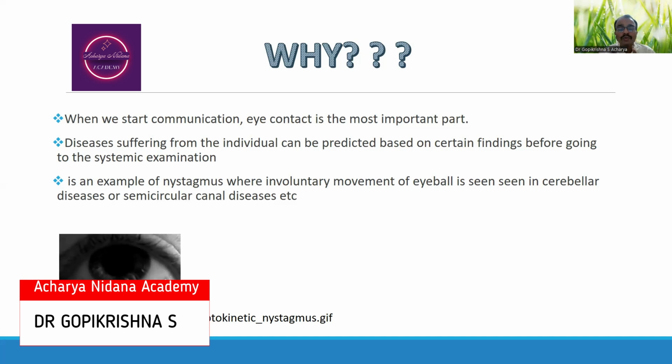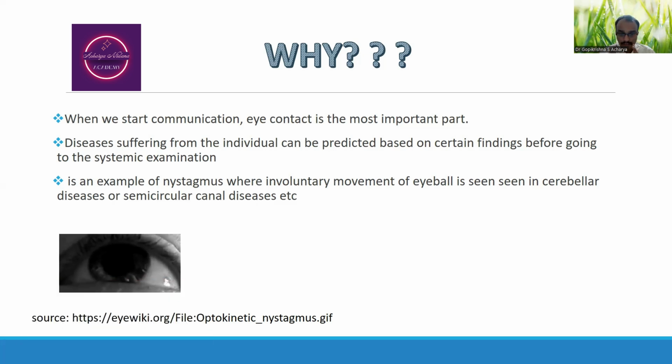So if a person is suffering from any general clinical condition or a condition related to the eye, we can identify abnormalities in the eye, maybe in the sclera, the cornea, the iris, the pupil, or the medial canthus or lateral canthus area, etc.